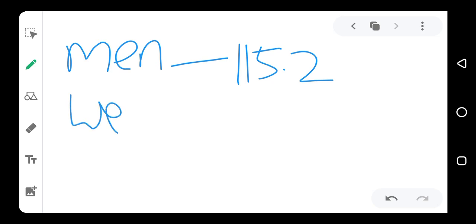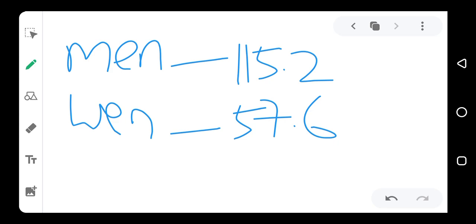For women, it is 4 over 25 multiplied by 360, and that will give us 57.6.